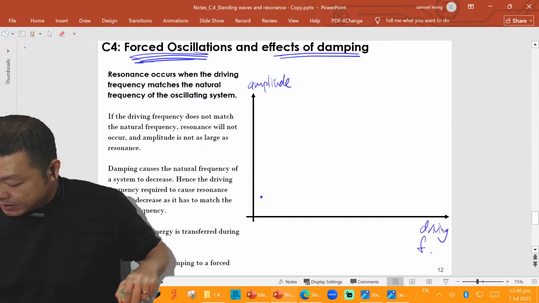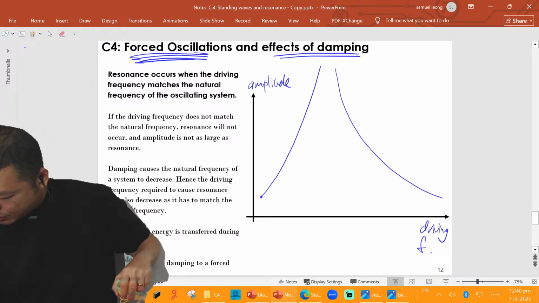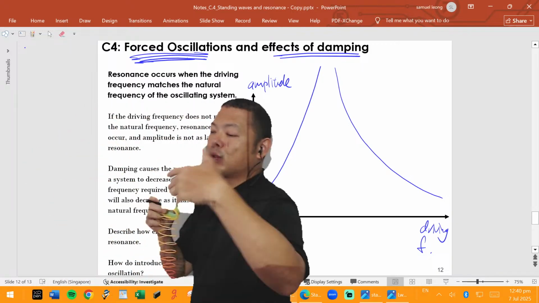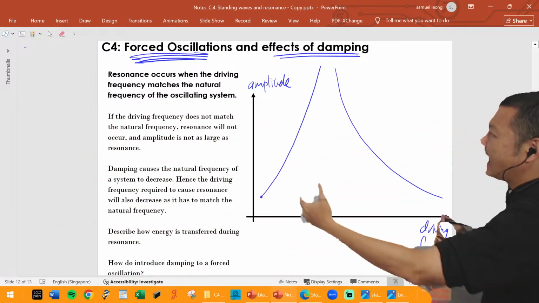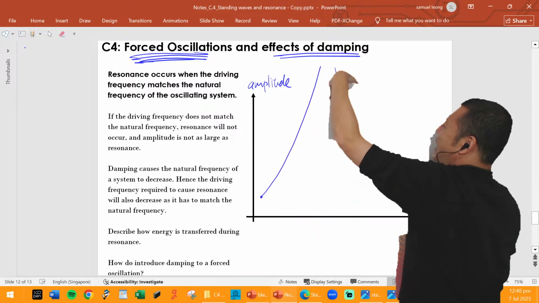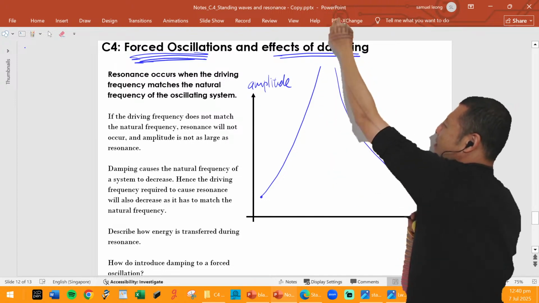The graph will look like this. The idea is to show that the graph can go all the way up, out of the range of the graph. It's basically a sharp point at the end.